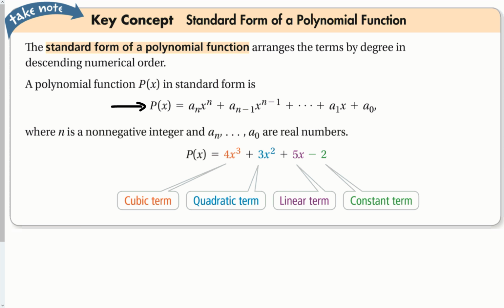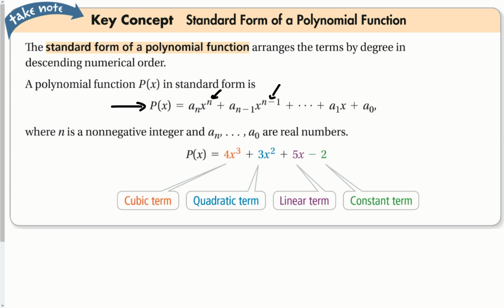All right, so the basic thing you have to realize here is it arranges the terms by degree in descending numerical order. So what that means is that is the biggest degree. This one is one less, might not be one less, but it could be, right? This could be a 0 coefficient in the front, and then that term would just go away, right?